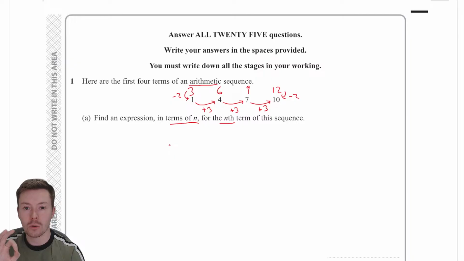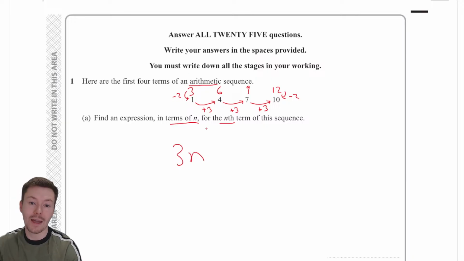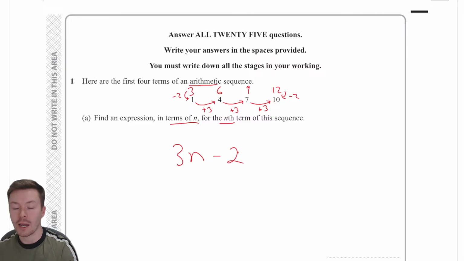Now, for the 3 times table sequence, it would be 3n. This common difference goes in front of the n, and then you have to look at how you get from the first term, 3, to the first term of that sequence, so that's minus 2. And you could do that for any corresponding terms. You could look at the second term as well, or the fourth term, and see how you get from the term in that times table to the sequence in the question.